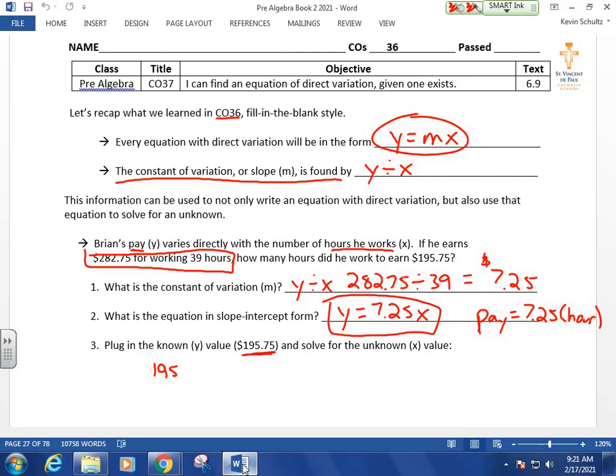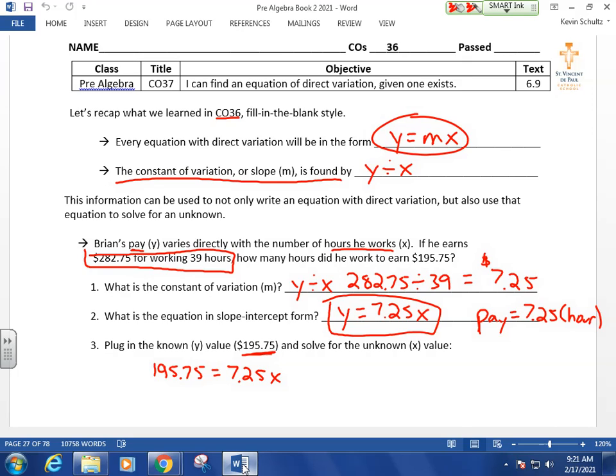So 195.75 equals 7.25 times x. How are we going to solve this equation? What are we going to need to be doing to solve this equation? It's a one-step equation. We want to get x by itself. Be thinking back to our procedures for solving an equation.